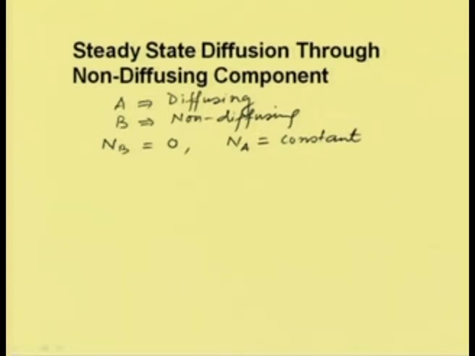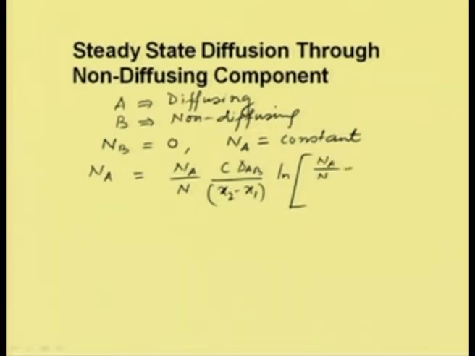Now, if we go back to the governing equation, we can write N_A is equal to (N_A/N) C D_AB by (x2 minus x1) ln of ((N_A/N minus y_A2) / (N_A/N minus y_A1)).